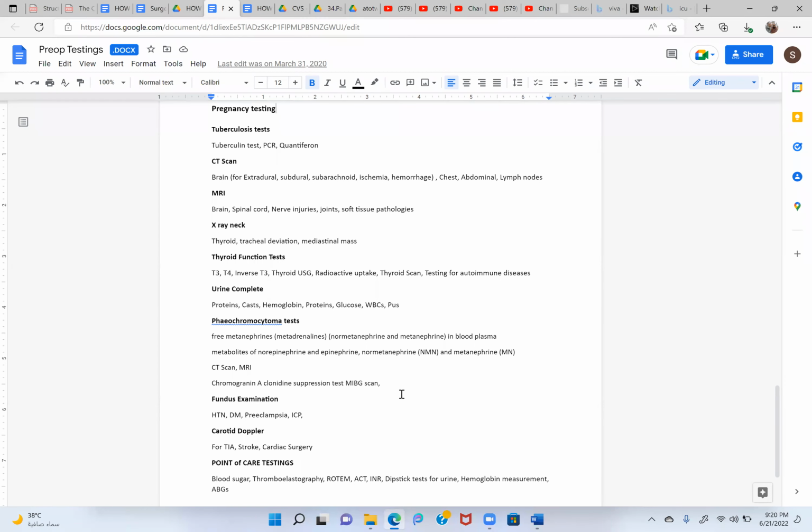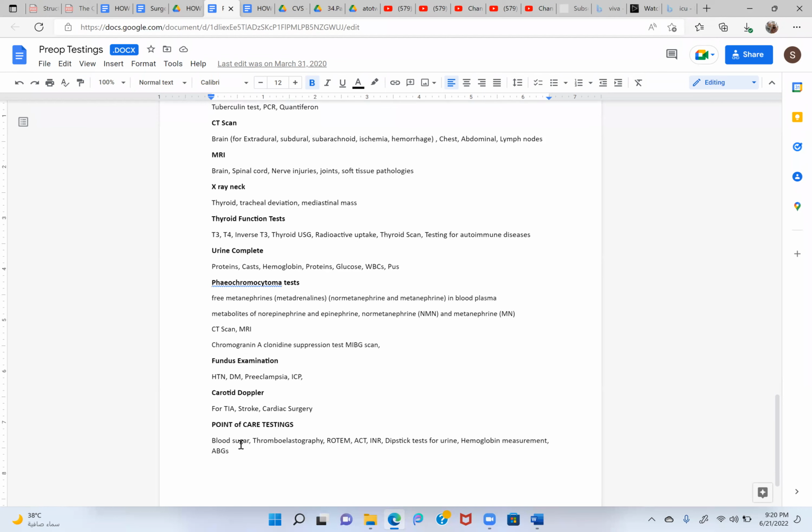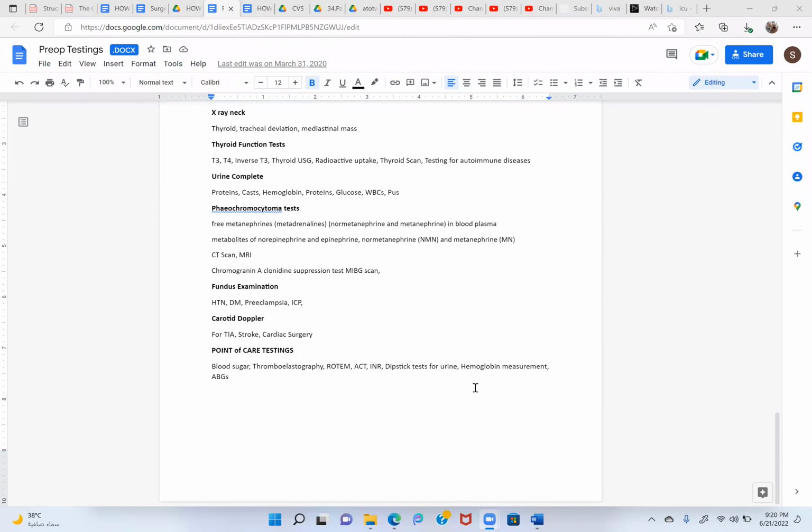So point of care testing, as I told you: blood sugar, thromboelastography, ROTEM, ACT, INR, dipstick for urine like ketones, proteins. And fundus examination is there for hypertensive patients, and carotid. Just have a look at it, and it will help you.